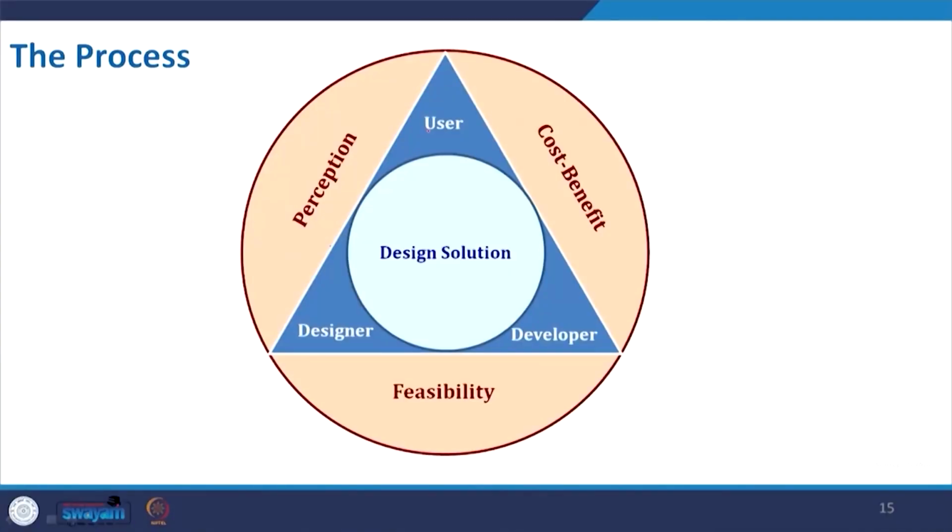When we go to an architect for the design, basically it is between your user, designer and developer, maybe the builder in this context, to have a design solution. So, there is always a process and feedback. The client comes to an architect and states the requirements: I want to do this and I have this much funding. The architect will design something, and then it will have cross checking, feasibility and cost benefit.